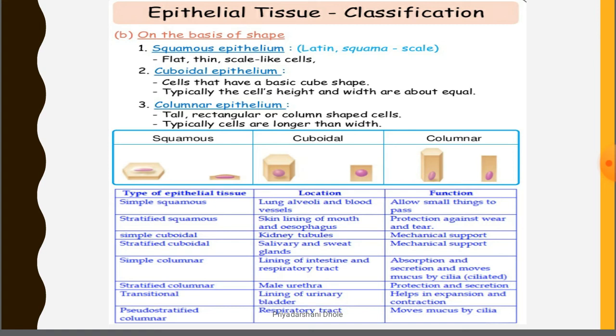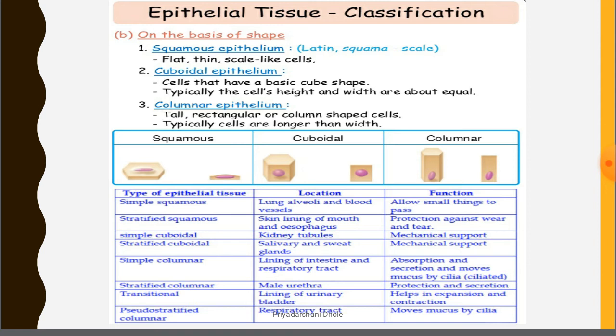Now you can see in this table the types of epithelial tissues, their location, and their function. In that, first, simple squamous epithelium. It is present in the alveoli of the lungs and blood vessels. What is the function? It allows small things to pass. Then second, stratified squamous. It is present in the skin and lining of the mouth and esophagus.